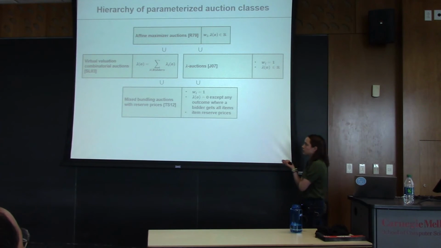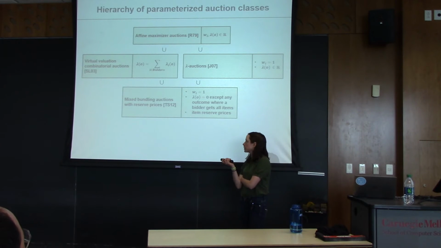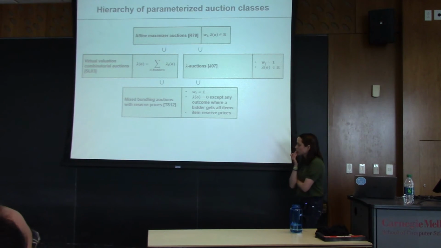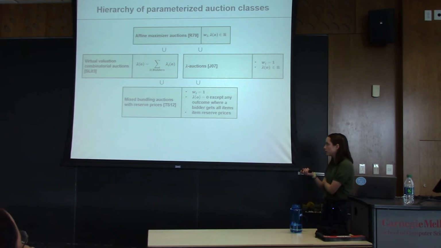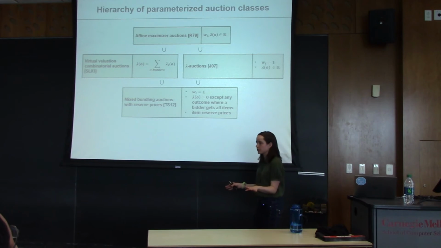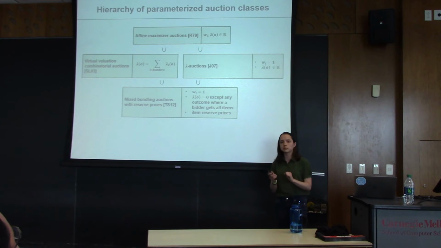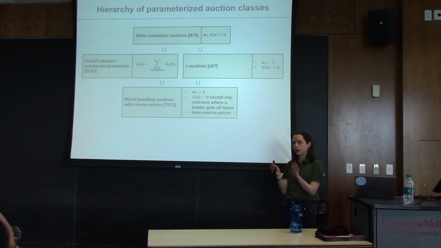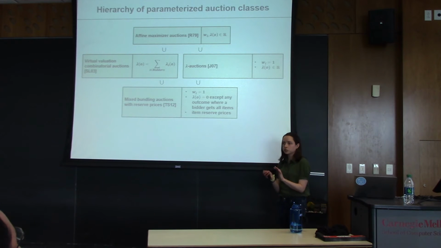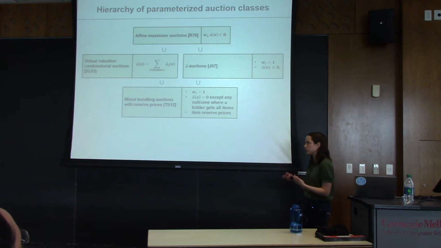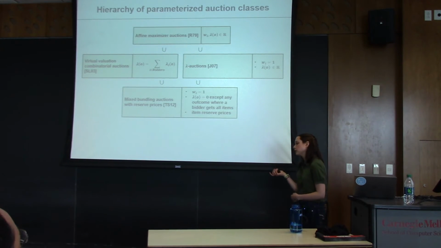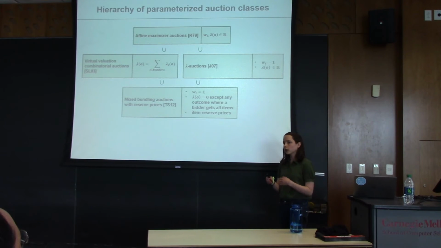We also consider mixed bundling auctions with reserve prices, where the weights are still 1 and the lambdas are forced to be 0, except for those outcomes where one bidder gets all items, the grand bundle. There are n such outcomes for n bidders, and we boost all of them. And we can also introduce reserve prices.